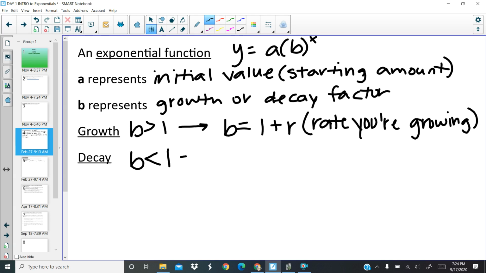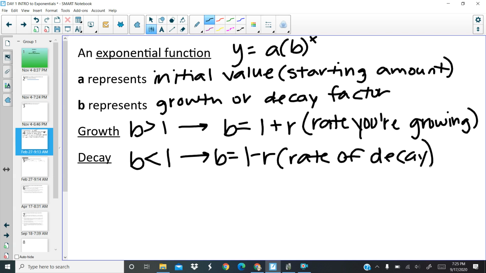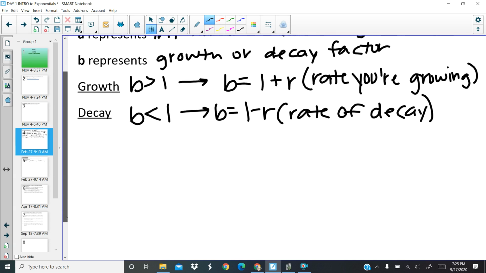And then for exponential decay, the b value is going to equal 1 minus the rate of decay. That's how the equations are going to be set up, and we're going to do a couple of examples of what that looks like.